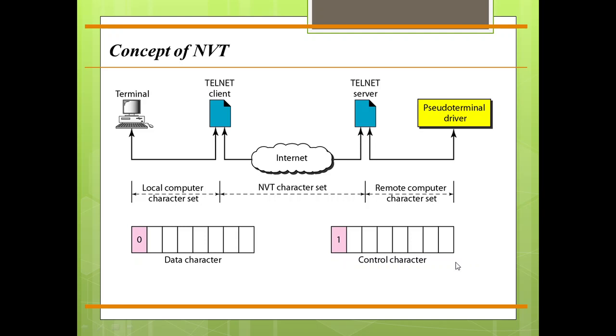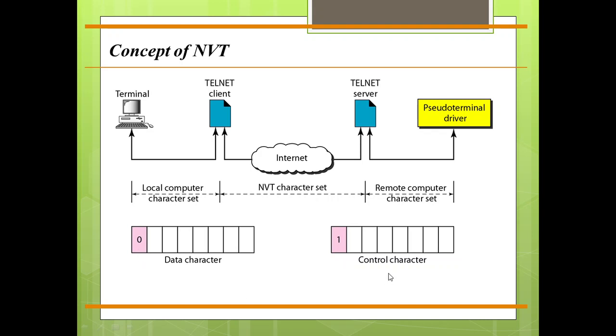There are a set of characteristics which are used by NVT. NVT uses two sets of characters, one for the data and other for the control. Both are of 8 bits. For data, NVT is an 8-bit character set in which the 7 lowest order bits are the same as the ASCII and the highest order bit is 0.